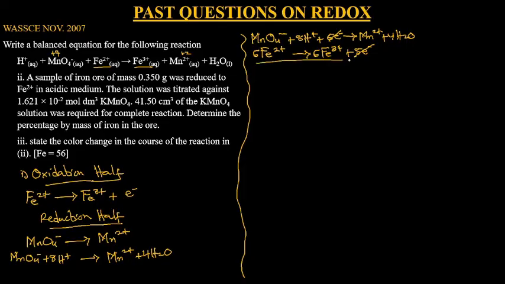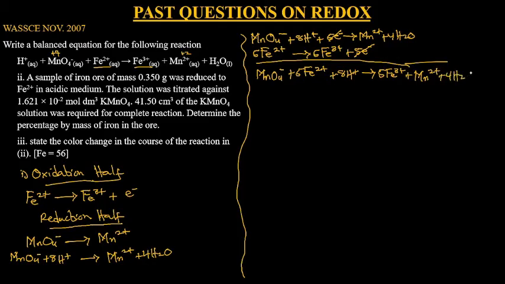Okay, and our overall equation is going to be MnO4- plus 5Fe2+ plus 8H+, and then on the right we are going to have 5Fe3+, Mn2+ and 4 moles of water. So this is our balanced redox equation.